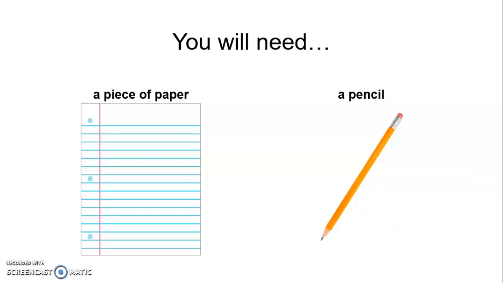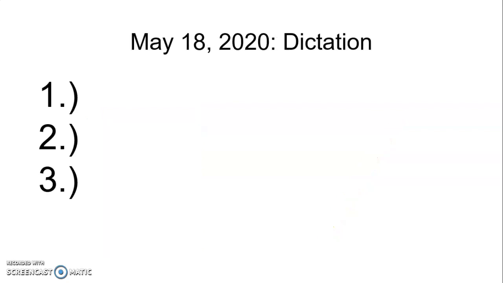All right, so for the first activity, you will need a piece of paper and a pencil. So on your paper, you will write May 18th, 2020, 1, 2, and 3. I'm going to spell 3 words, and you're going to write what you hear.